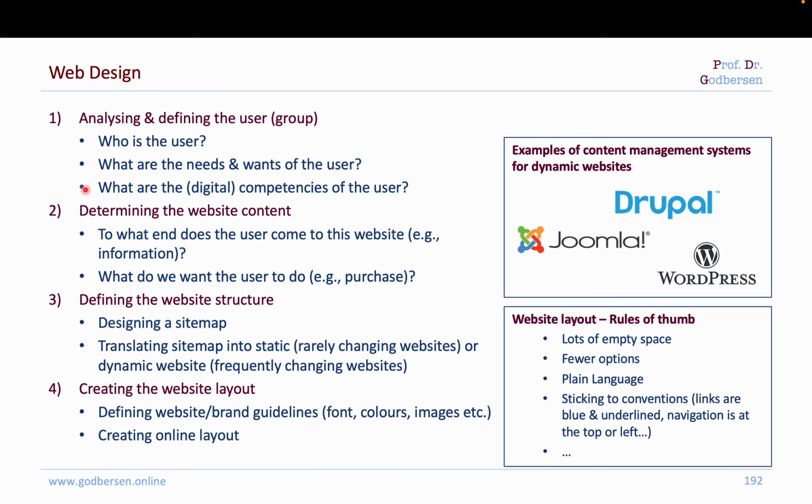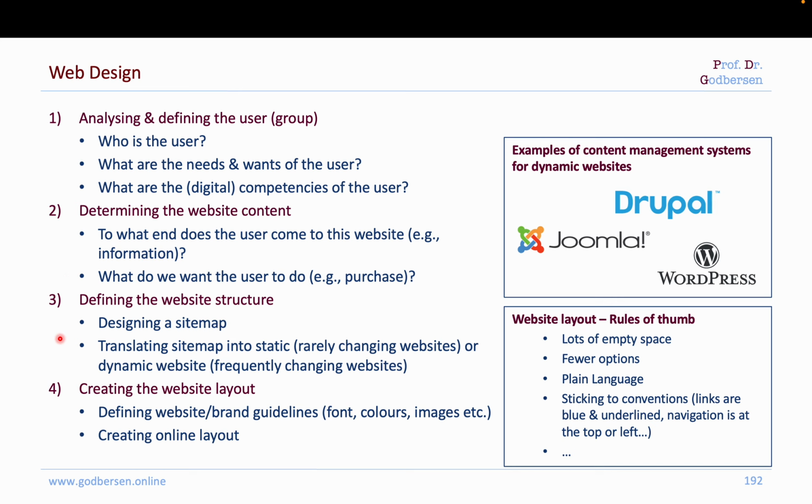Based on this, you can determine the content of your website. Again, to what end do the users come to this website? That is what information you need to give them. But you also need to ask yourself, what actually do we want the user to do? Most likely you want them to buy something. That might not be the same as why the user comes to your website and what you would like the user to do.